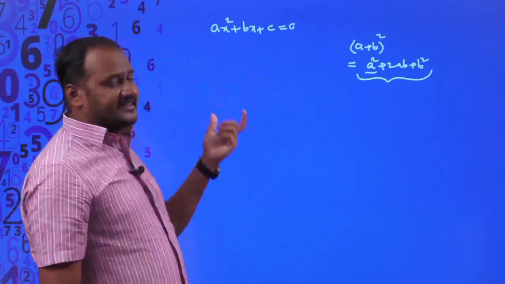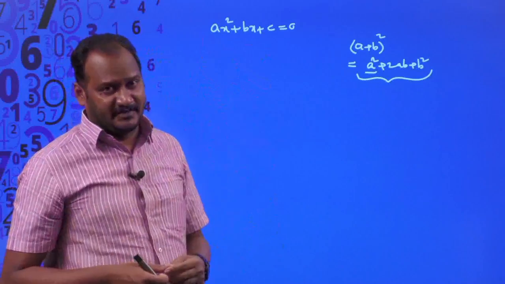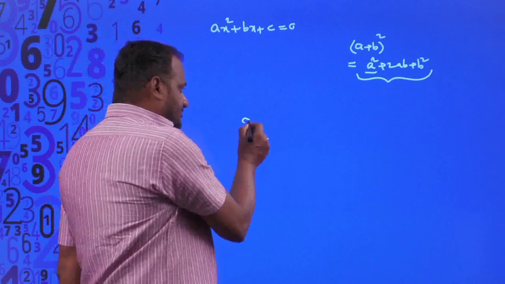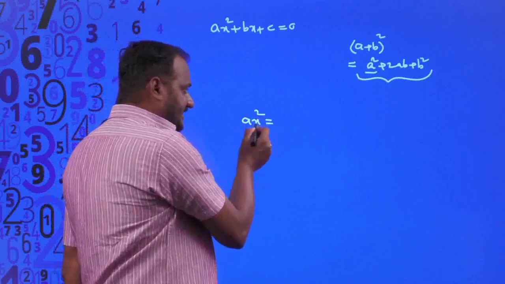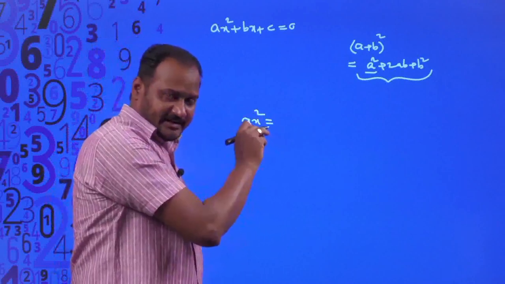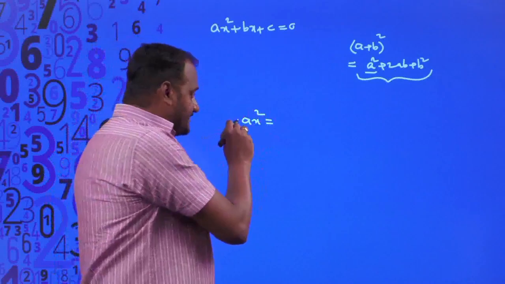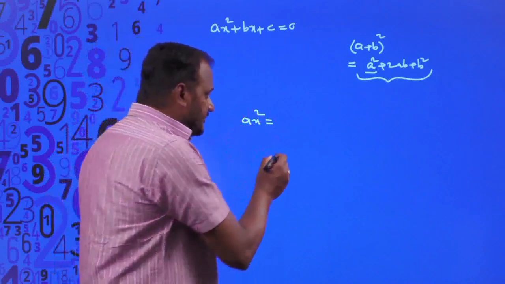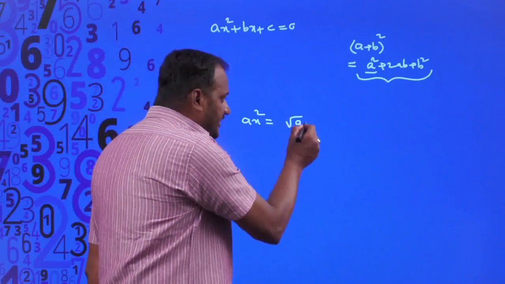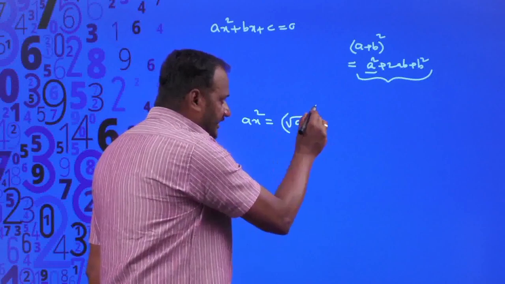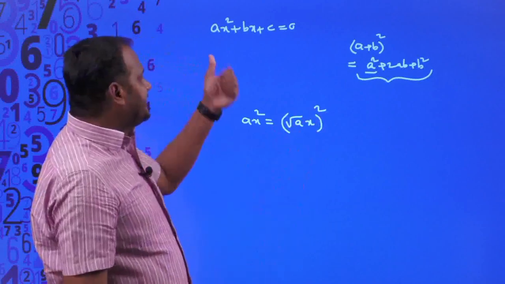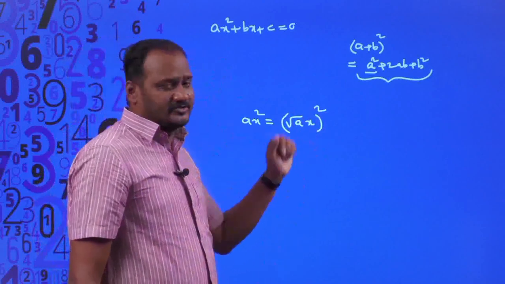So how do you write ax square as something whole square? You can write ax square as follows: x square is a square number, but a is not a square number, so you can write it as square root of a times x, whole square. So you can write ax square as square root a x whole square.